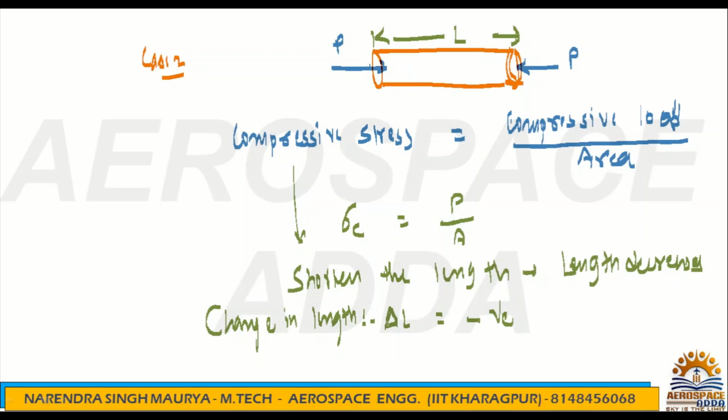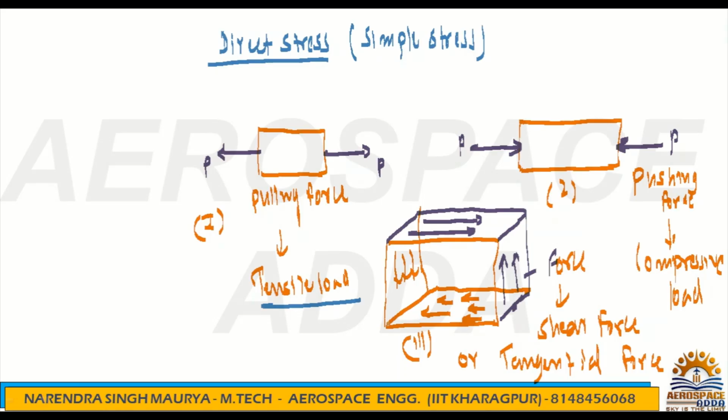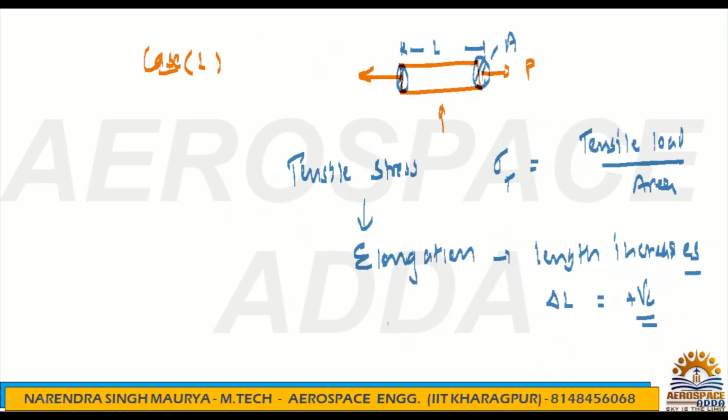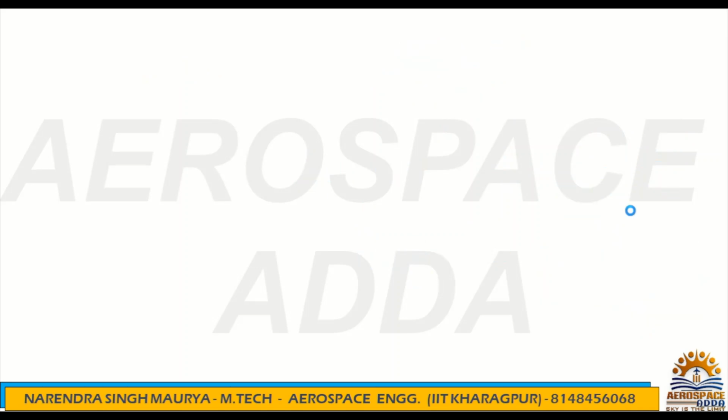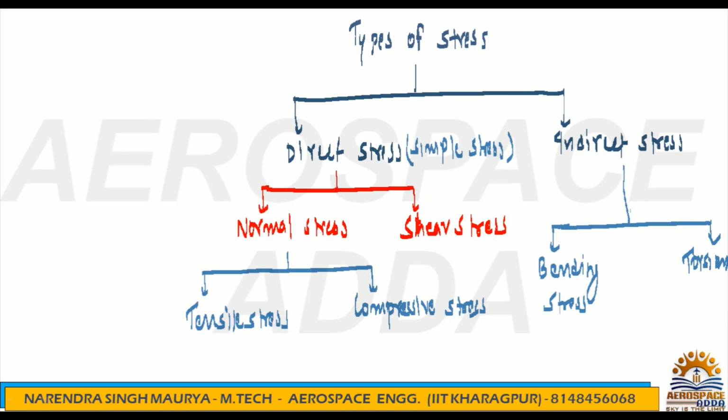What is the third one? The third one is nothing but shear stress. Whatever the area you have taken in both cases, I must write, this area is always a cross section area. Okay, here you need to remember, it's a cross section area for both.